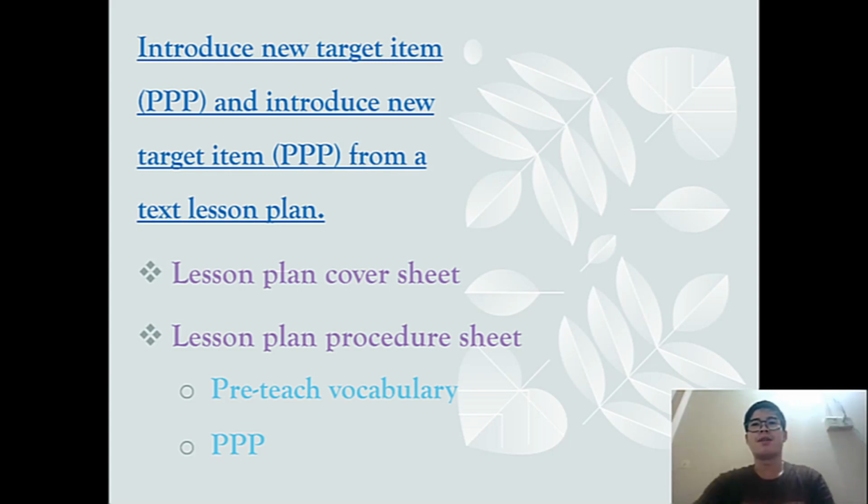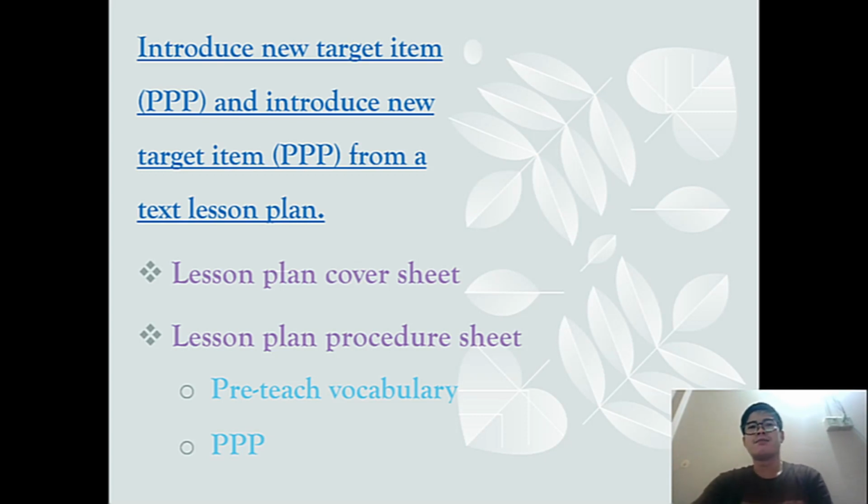If we talk about pre-teach vocabulary, there are 8 techniques of eliciting new vocabulary, such as picture or visual, mime, realia, situations or explanations, example, synonym, opposite or antonym, and the last one, translation.